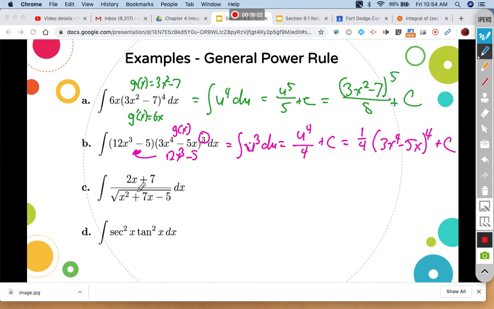I'm going to look at, say, here's my function. So this is x squared plus 7x plus 5. Minus 5, sorry. So my derivative is going to be 2x plus 7, which, hey, we got that convenient here. So again, we can say this is just the integral of u to the negative 1/2 du.